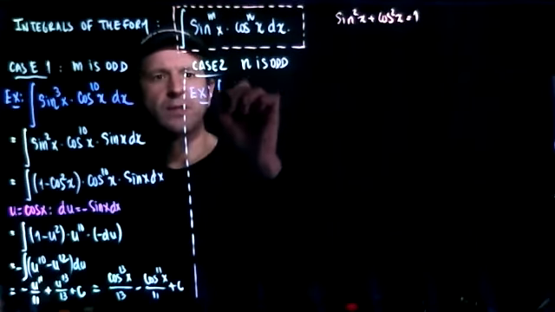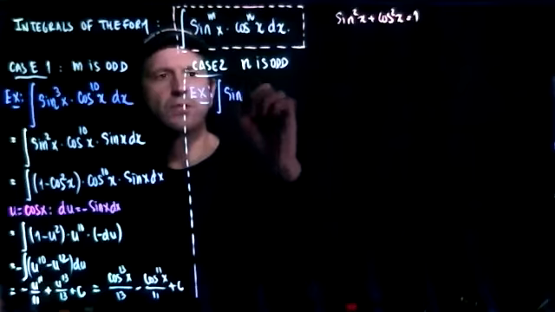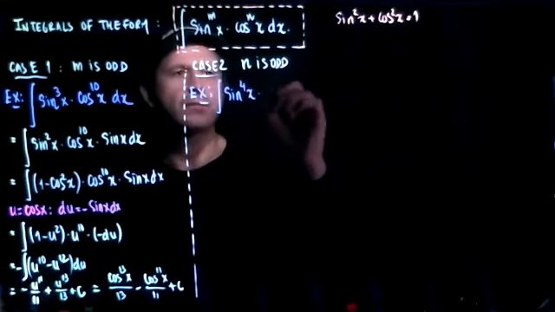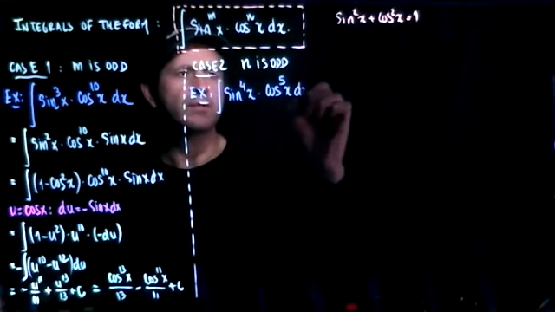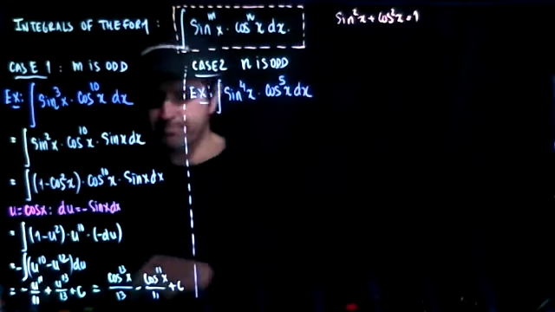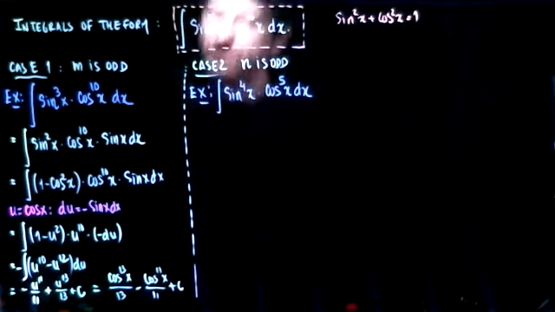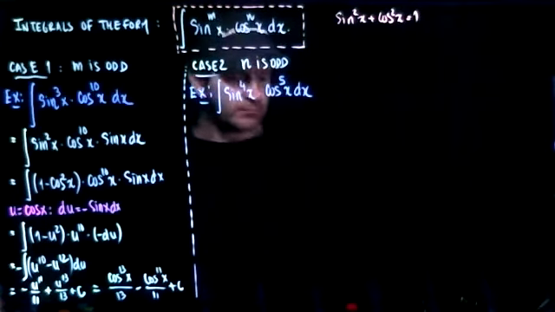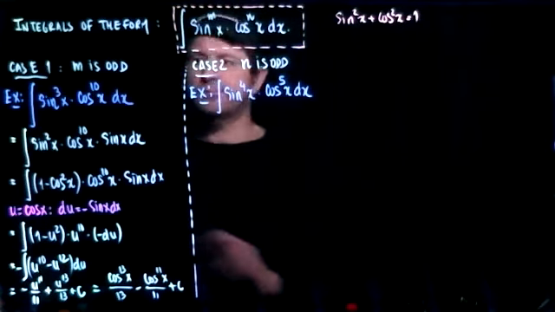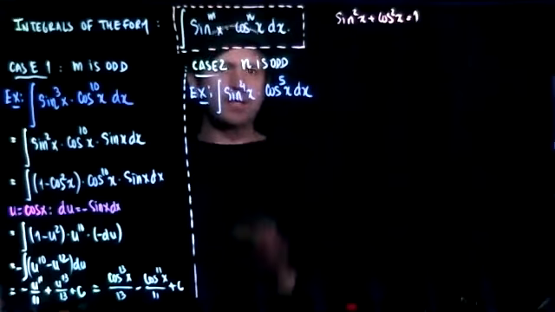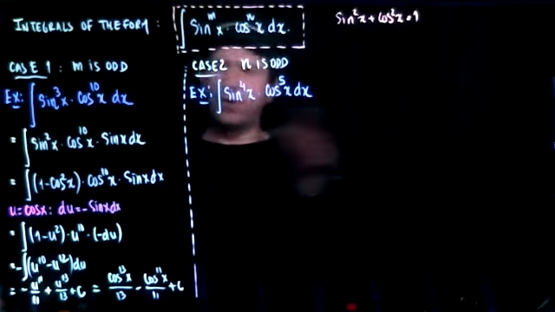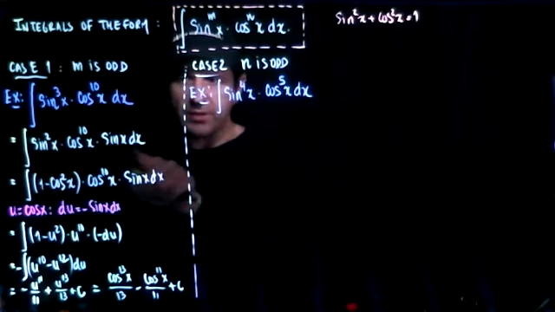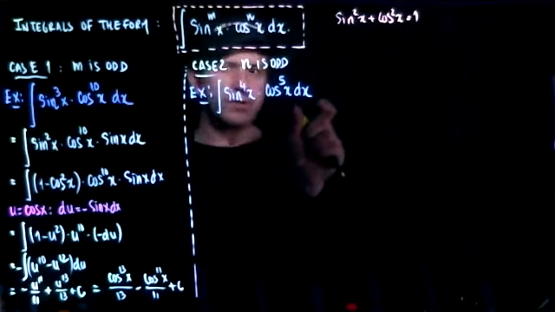So let's say the integral of sine^4 of x times cos^5 of x dx. Same idea, except I will take out a cosine. Before I took out a sine with the dx; now I'm going to save a cosine with the dx.